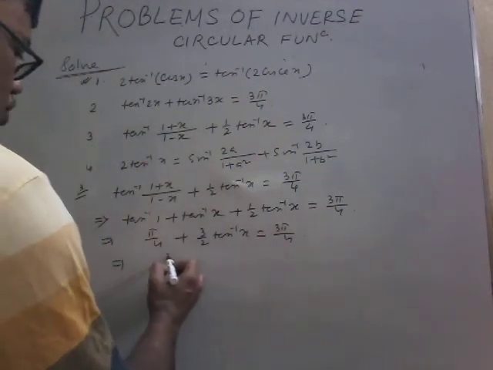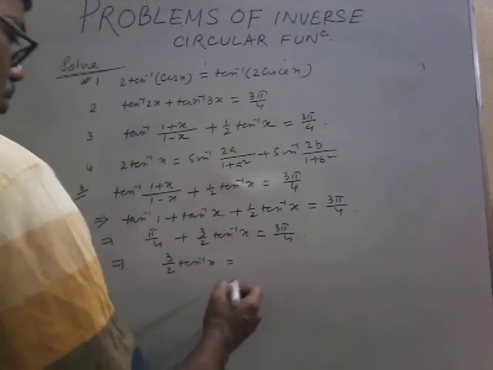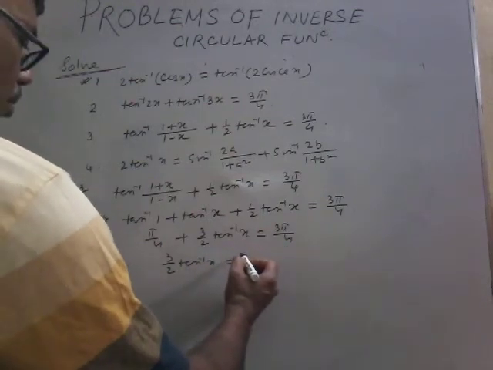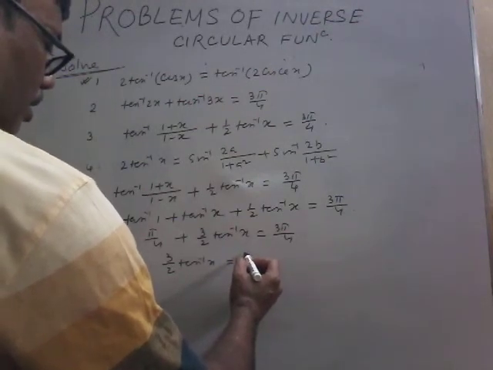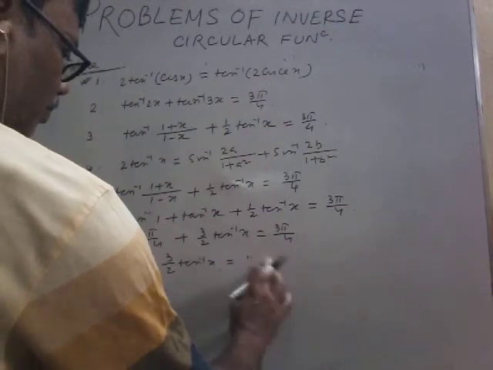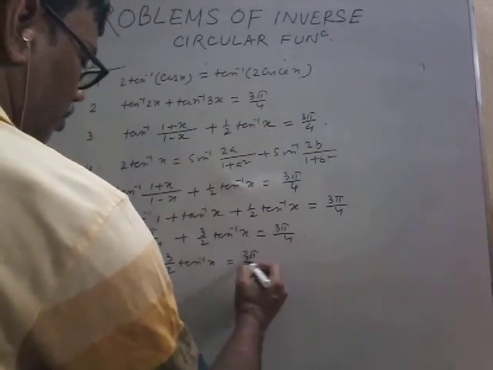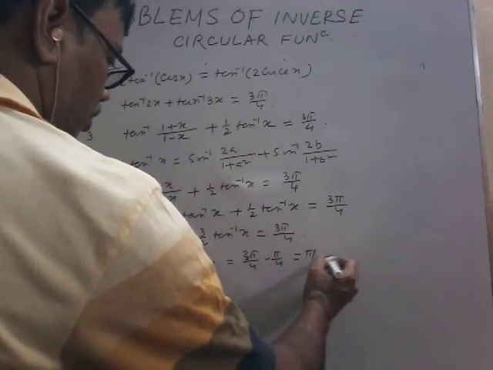So 3 by 2 tan inverse x equals 3 pi by 4 minus pi by 4, which is pi by 2.